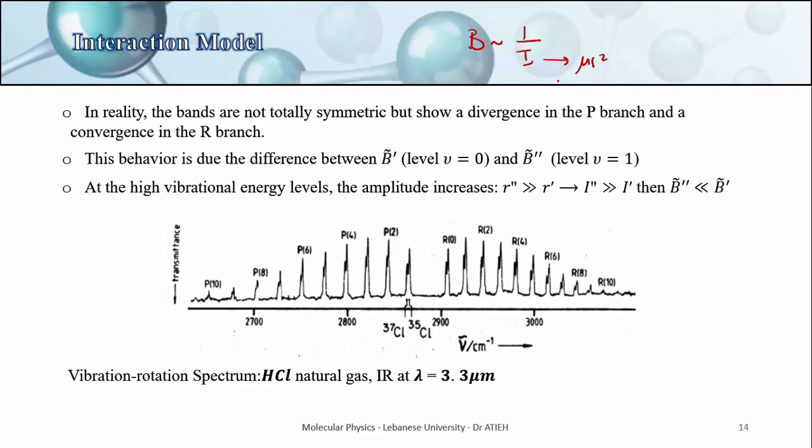So if the length of the bond increases, which means R will increase, when we go from level 0 to level 1, the length of the bond will increase, and in this case, I will increase, and if I increases, B must decrease. So we end up with a B for level nu equals 1 smaller than B corresponding to level nu equals 0. If we take this into account, we will arrive at a theoretical spectrum very close to the experimental one.